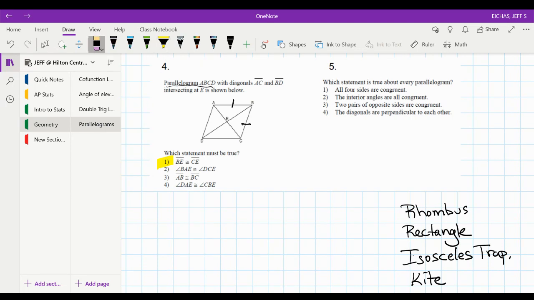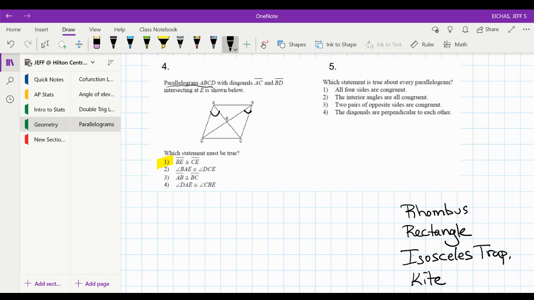All right, DAE. This angle being the same as CBE. That's just not necessary. The only time that would happen is if it was a square, it would have to happen, but we don't need that. All right, so we've got the answer there.